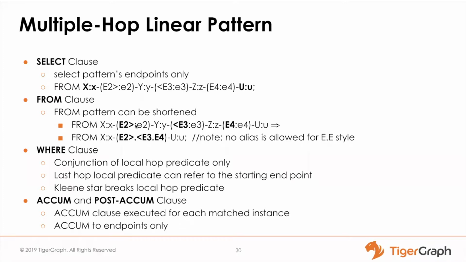If I have a clean star here, E2 star, then you cannot have a predicate involving X and Y, because you don't know how many hops are between X and Y. So clean star just represents the reachability of X to Y.